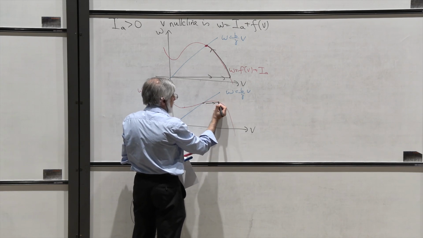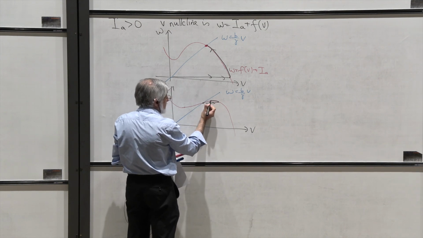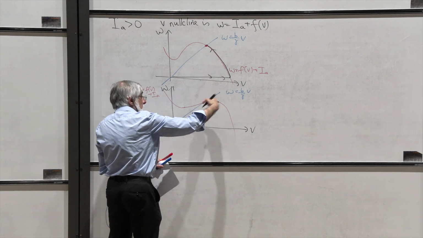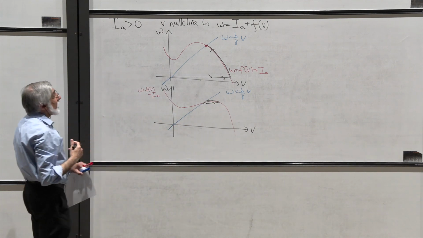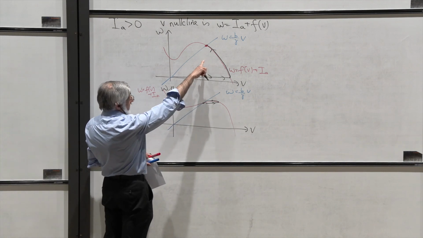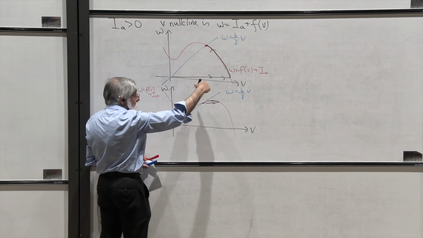It'll cross this vertically, it'll move along this null line, and then it will have to go off because it can't go down, because the W dot is still positive, so it can't go down.